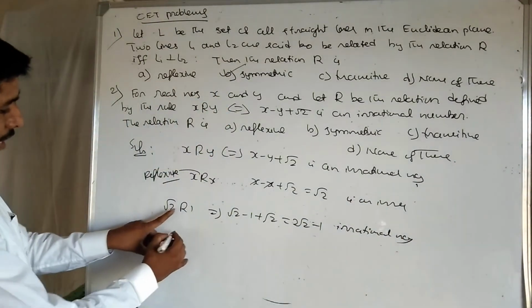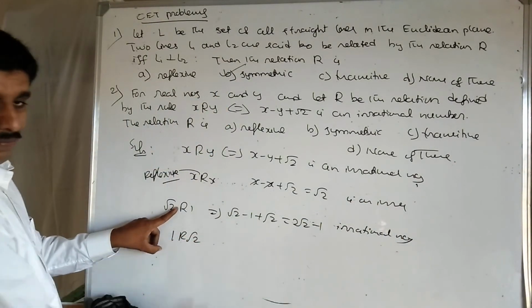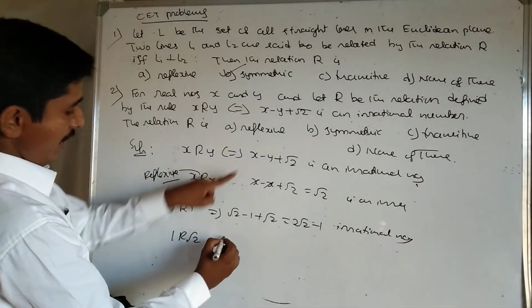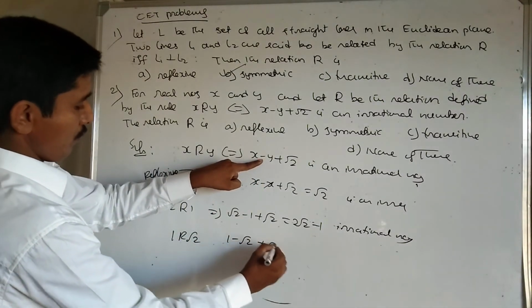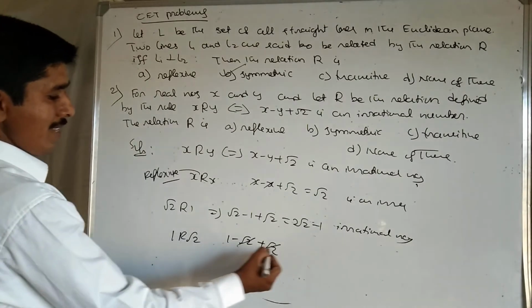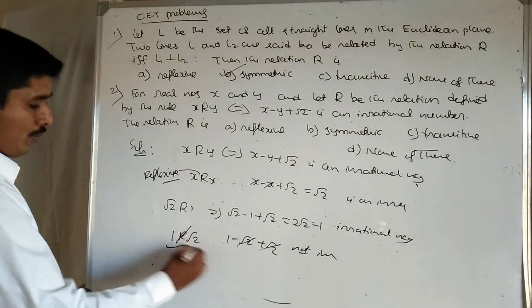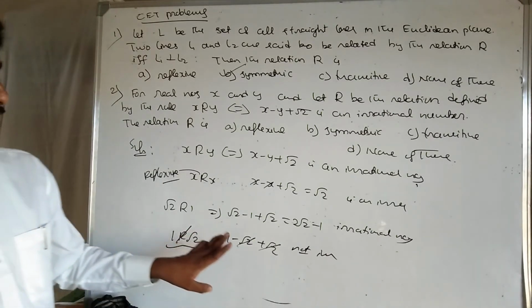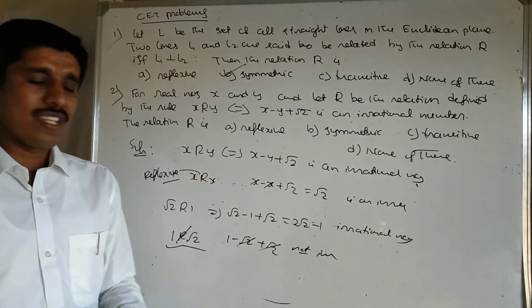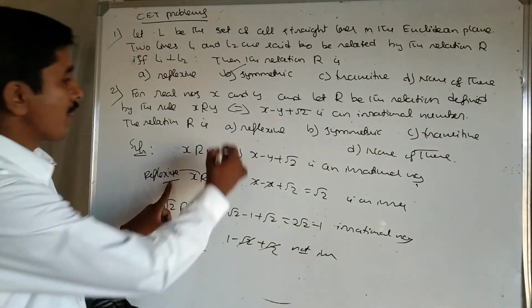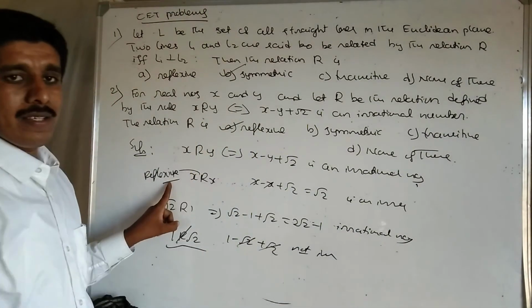Correct. Then verify 1 related to root 2: here x equals 1, y equals root 2, and 1 minus root 2 plus root 2 gives 1, which is not an irrational number. Therefore 1 is not related to root 2. It is not symmetric. Clearly it is not transitive also. It is only reflexive. Clearly A option is the right option.